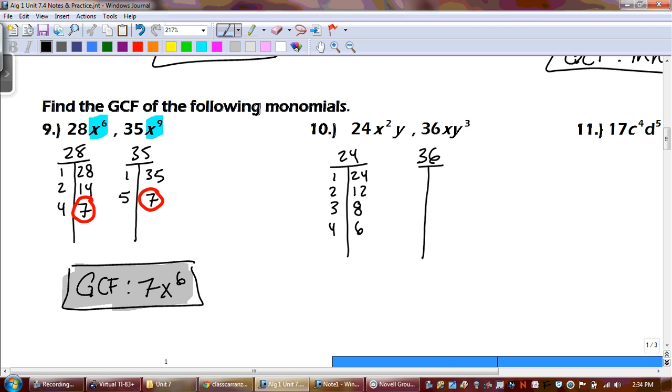Okay, 36 is 1 and 36, 2 and 18, 3 and 12, 4 and 9, 6 and 6. So what is the greatest, not just a factor, where you say, oh, they both have 2? Correct, but that's not the greatest common factor. The greatest common factor is 12.